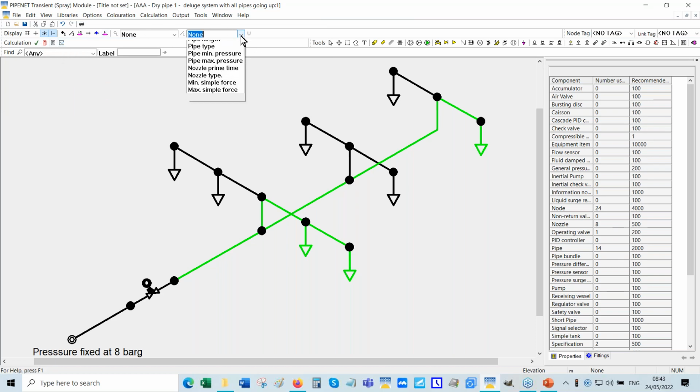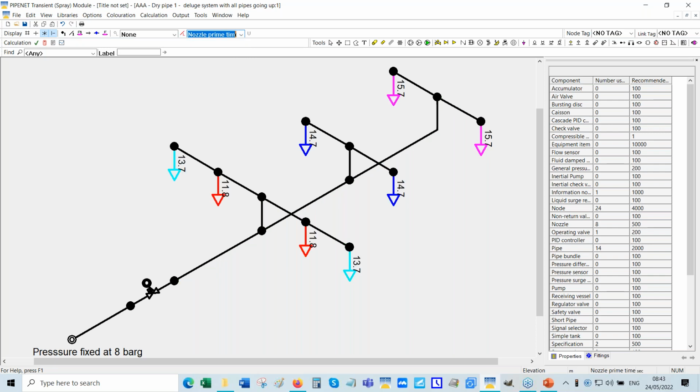So it's 15.7, so it's 0.1 second longer, but probably even less than that. It could be because of rounding that it's 0.1. And so the two models produce virtually the same results.